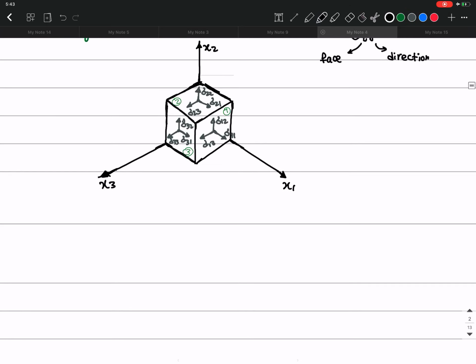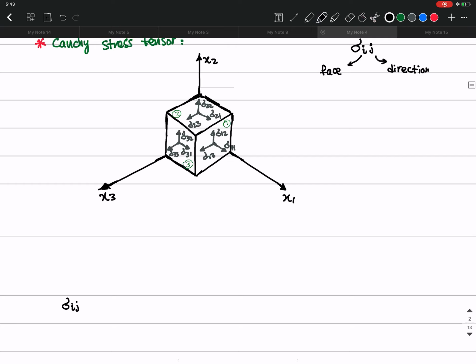So in general, I can write this stress tensor as a matrix, sigma ij equals a 3 by 3 matrix: sigma 1 1, sigma 1 2, sigma 1 3, sigma 2 1, sigma 2 2, sigma 2 3, sigma 3 1, sigma 3 2, sigma 3 3.